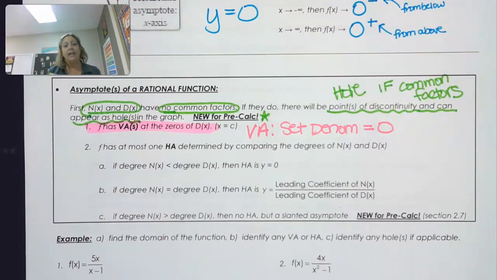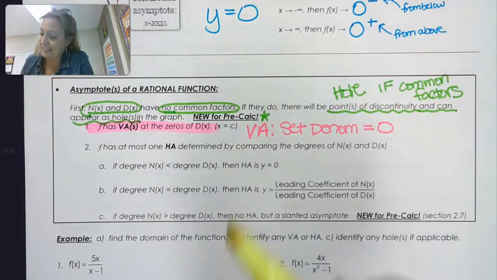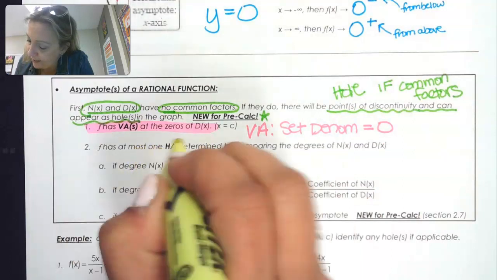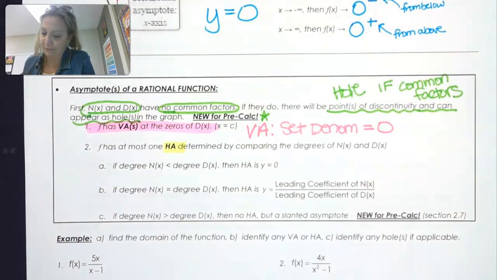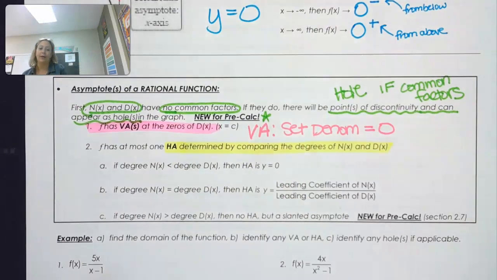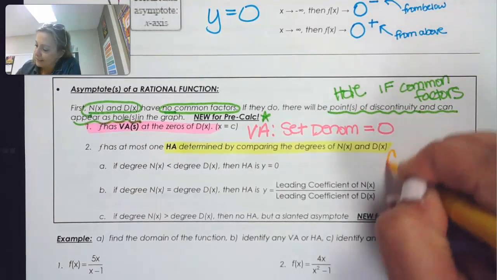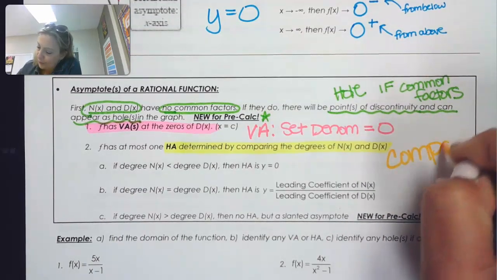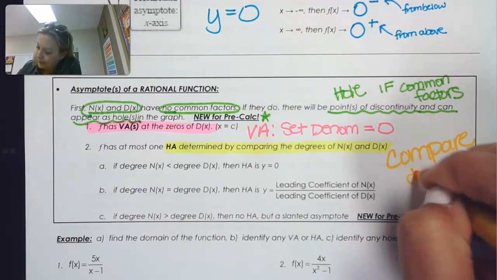In addition to vertical asymptotes, again, f has at most one horizontal asymptote. And for the horizontal asymptote, we're going to compare degrees.